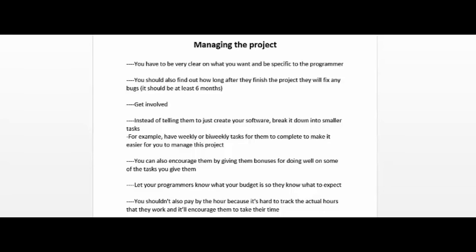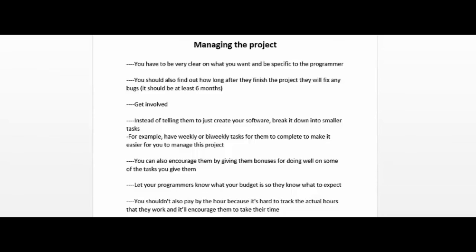Another thing you want to do when you're creating a software product is not to just outsource everything to the programmer and then be hands off. I mean, you really have to get involved and get your hands dirty if you want this to be a successful software product.